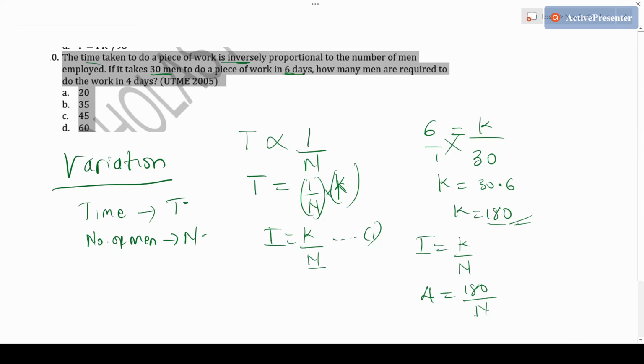We are looking for n, so let's cross multiply. What do we have, guys? We have 4 multiplied by n is equal to 180.